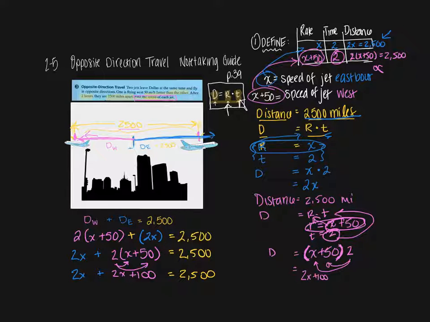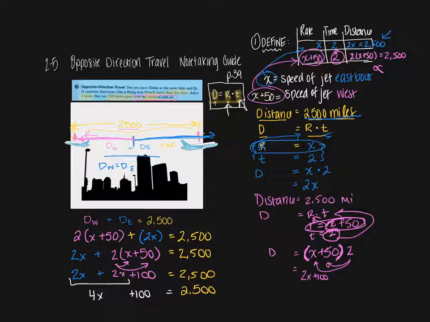And now I can combine like terms. Even though they're different colors, let's look at this. I have 2x plus 2x. They're both x's. So I have 4x plus 100 equals 2,500. Notice when they're going opposite directions, I had to add my 2 d's. I couldn't set them equal to each other because dw does not equal de.